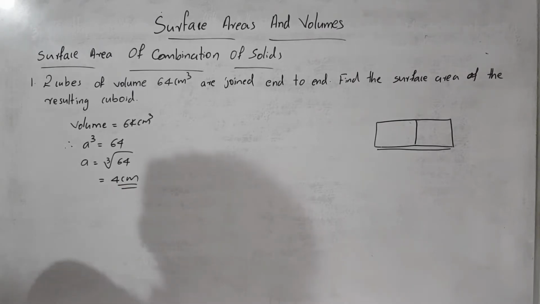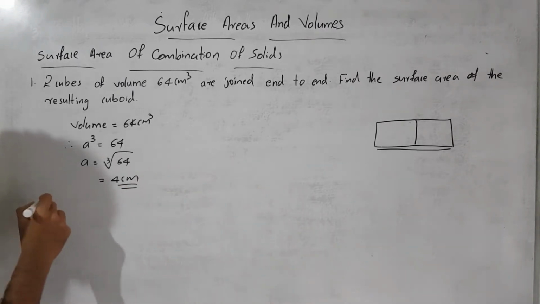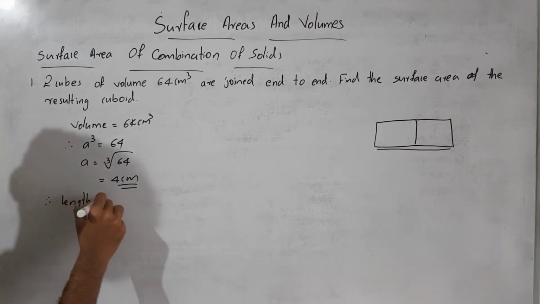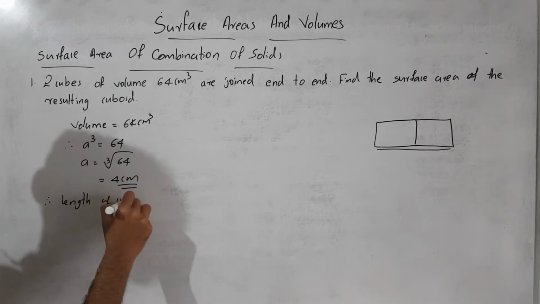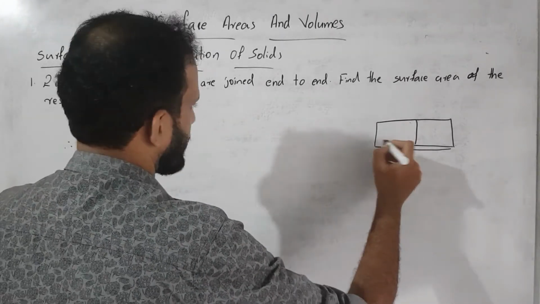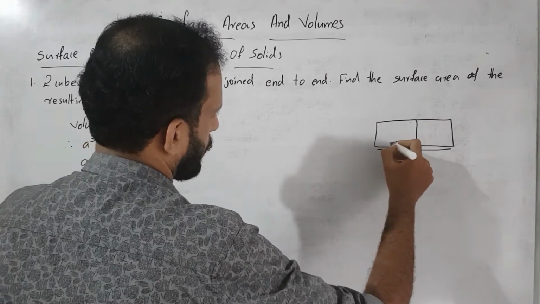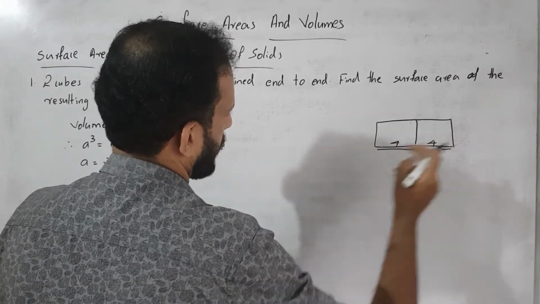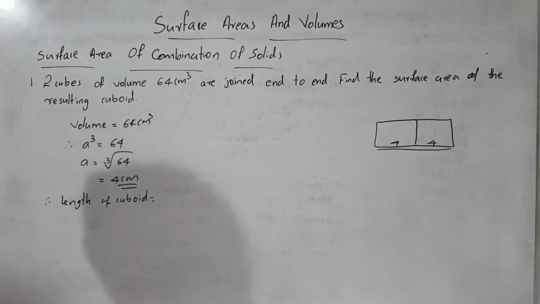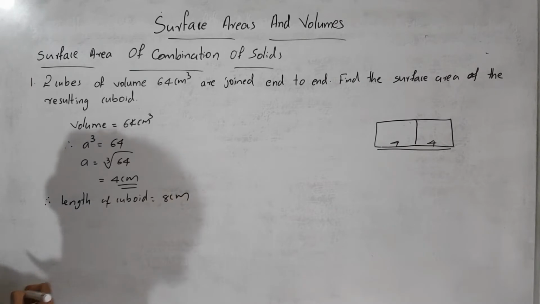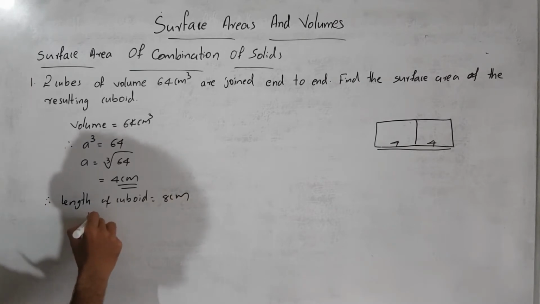Then what is the length of the cuboid? The length of the cuboid, not the cube, is one side of a cube, 4, plus the second one, also 4. So the length of the cuboid is 8 centimeter.